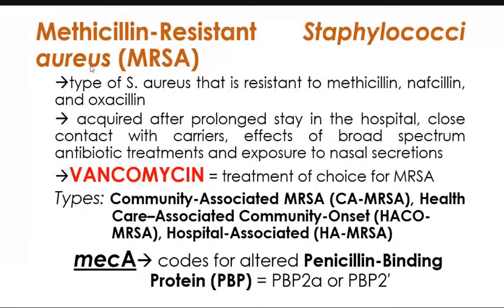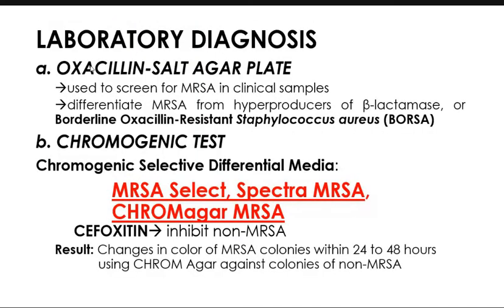Now, the different types of MRSA: you have community-associated MRSA, healthcare-associated community onset or HACO MRSA, and hospital-associated MRSA or HA-MRSA. The gene that encodes the altered penicillin binding protein is your mecA.